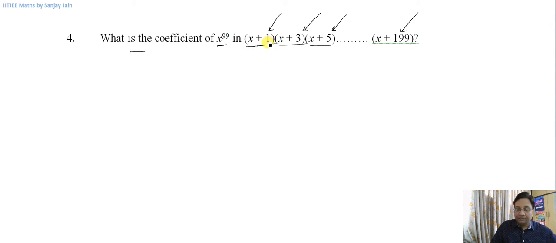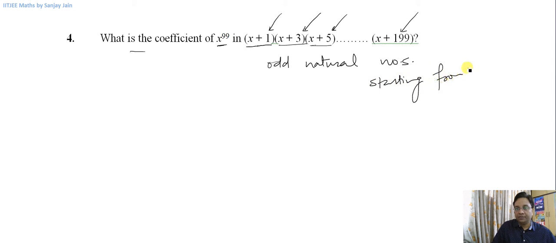And what are these? These are odd natural numbers, starting from 1 up to 199. So can you count these for me? How many are these? It is very simple to count these, because if you write all the natural numbers up to 200, how many are these?